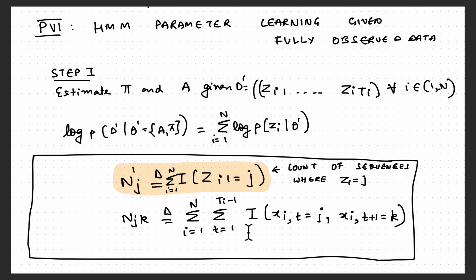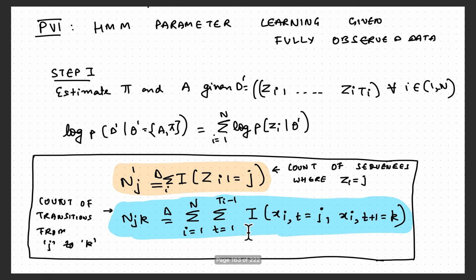So this tells you, across the total number of sequences, how many transitions we see from state j to state k. So using these two numbers, could you think what the MLE solution for pi of j and a of jk could be? Think for a minute.